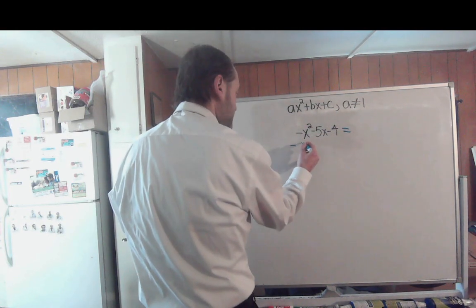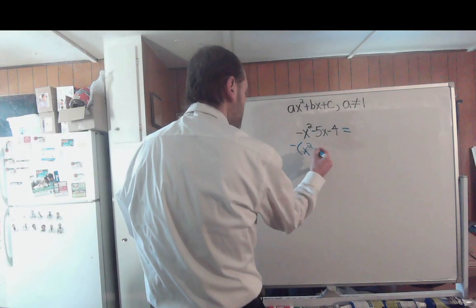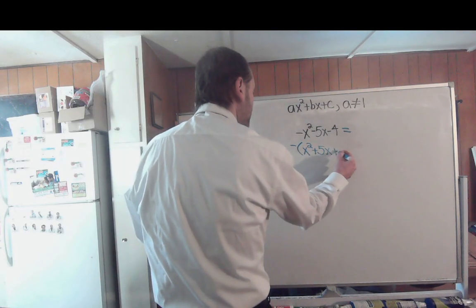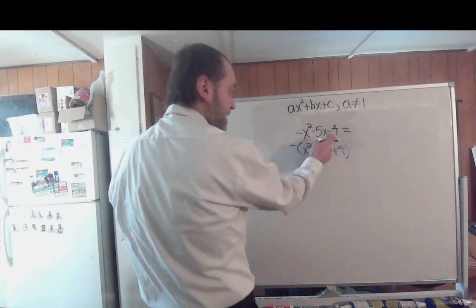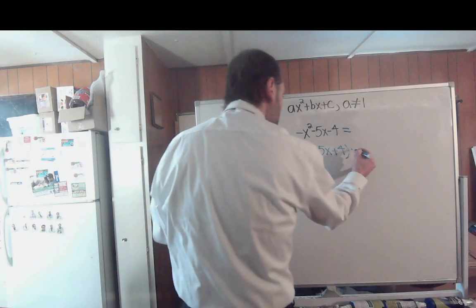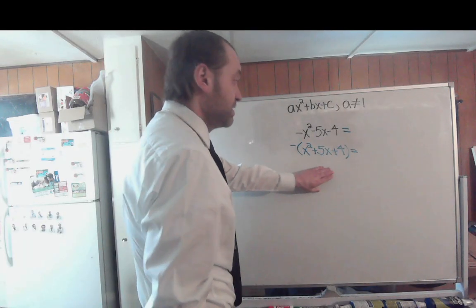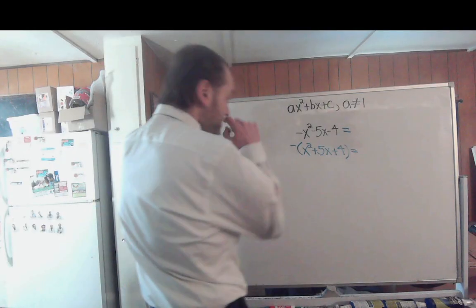So right away, we factor out a negative 1 from this. So factor out that negative sign. Inside the parentheses, you would end up getting x squared plus 5x plus 4. Because if you distribute the negative sign, it'll turn it back into what we originally had. So now we can see, can we factor what's inside the parentheses? Well, I think so.